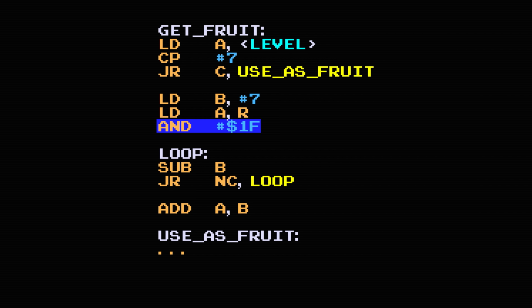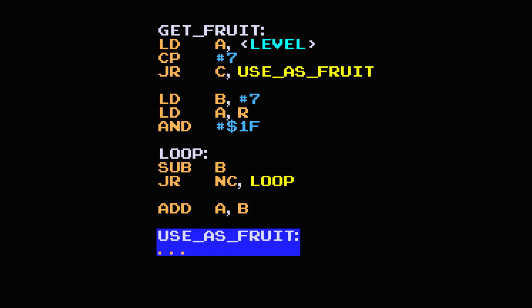Then the remainder of this value, after being divided by 7, is calculated using this loop, which subtracts 7 over and over again until the result is negative. Then by adding 7 back once at the end, it finds a number between 0 and 6. This is used as the fruit index, which can be different between the 2 fruit that appear in a single level.